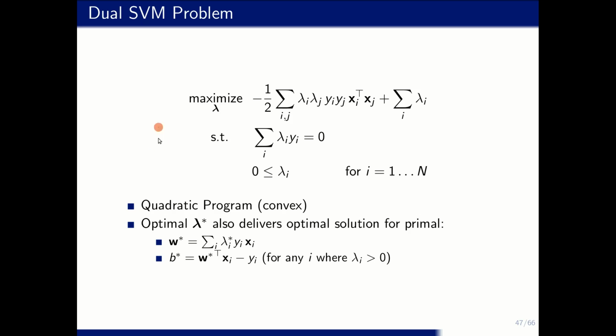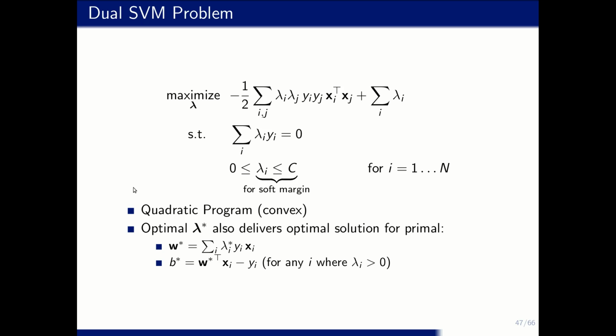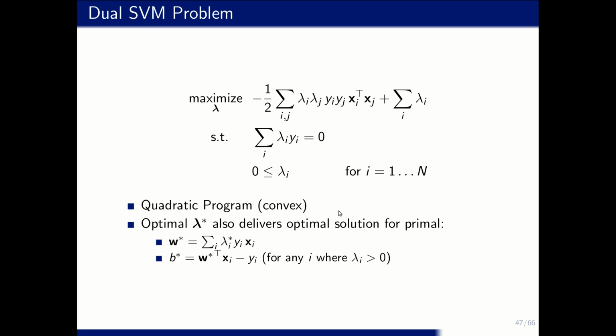And the good news is that this is still a quadratic program and convex. We maximize here, but it's a negative quadratic function, so this is a convex optimization problem, with essentially the same hardness as our original problem, which was also a quadratic program. I promised you, so this is our problem.